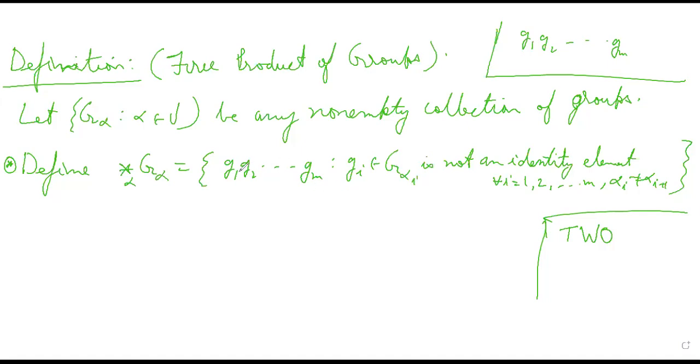Also, consecutive letters we don't take from the same G_alpha. Suppose g1 and g2 are from the same G_alpha, then there is some operation in G_alpha, so we can multiply g1 and g2 and get a single element of G_alpha, and we can put that here.